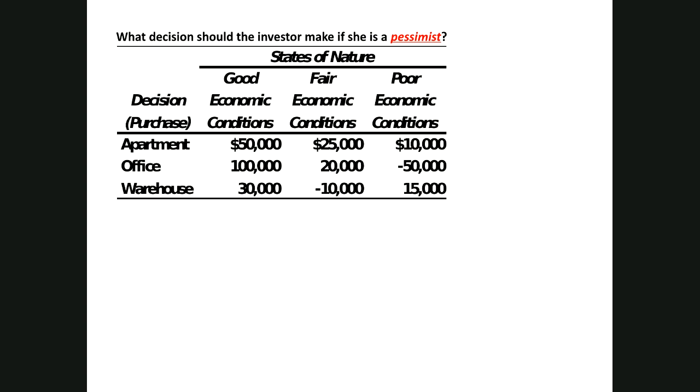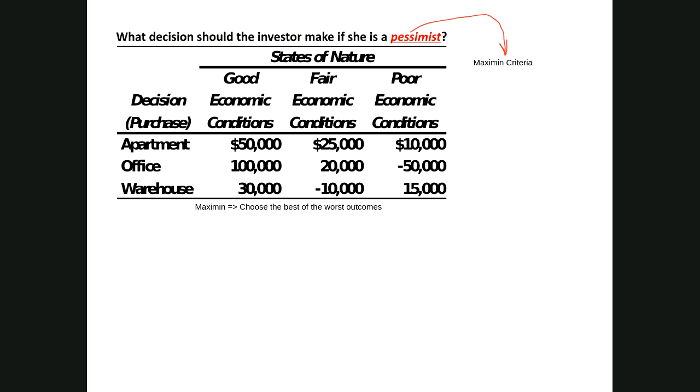In the maximin criteria, again, if you're a pessimist, you're going to use the maximin criteria. And that criteria essentially states we're going to choose the best outcome from among all of the worst outcomes.